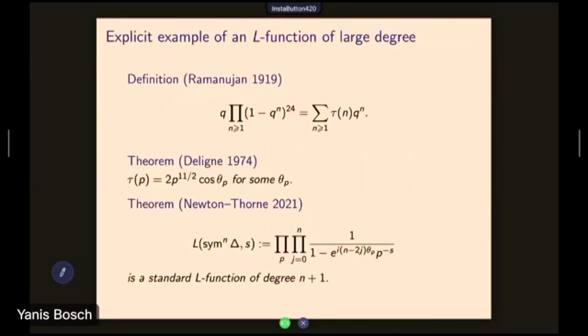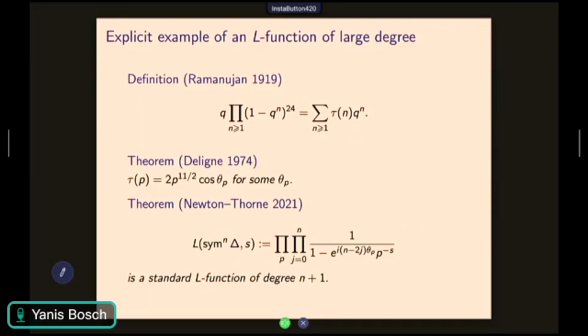So just to give one very explicit example arising in recent work, there's this old example of a modular form going back to Riemann, defined by this series expansion. And there's a theorem of Deligne that says that each of these numbers can be written in terms of some angle that's called theta_p.